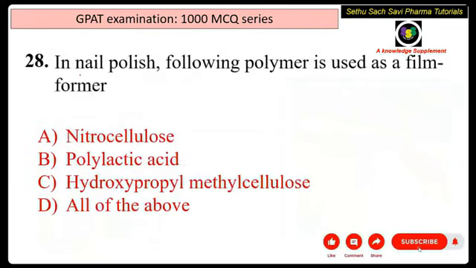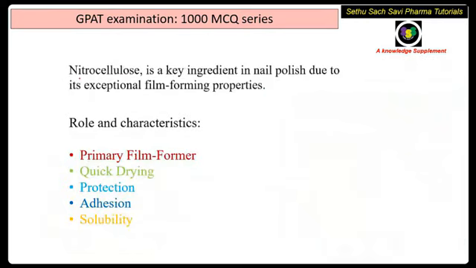Coming to the next question, in nail polish, which following polymer is used as a film forming agent? Right, which is the polymer? Nitrocellulose, polylactic acid, hydroxypropyl methyl cellulose or HPMC, and all of the above. Right, in nail polish, film forming agent. See, nitrocellulose or cellulose nitrates, these polymers have the ability to form exceptional films.